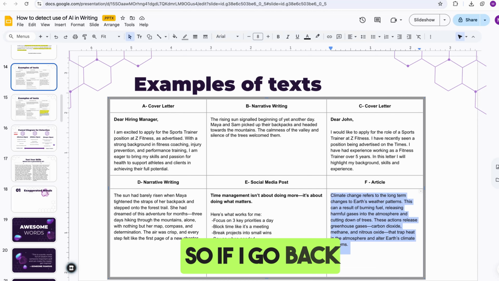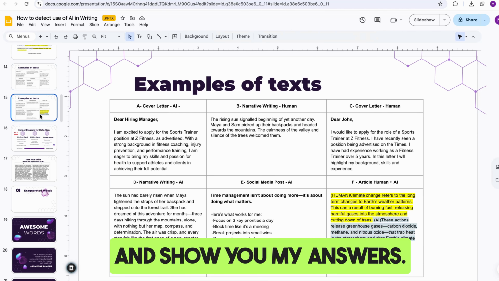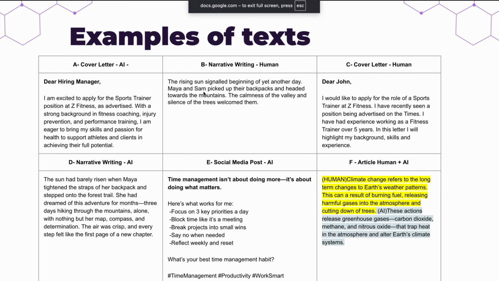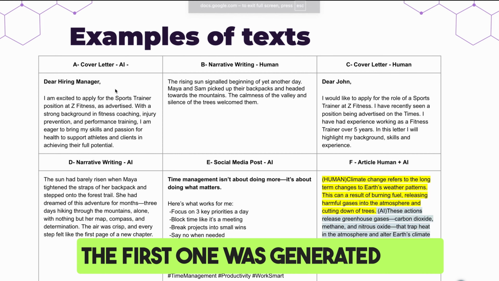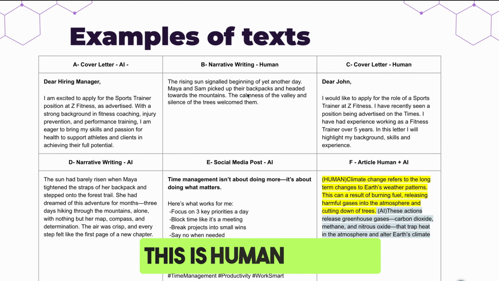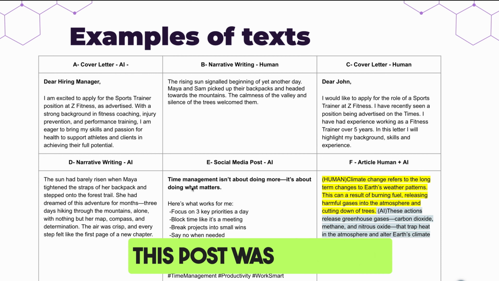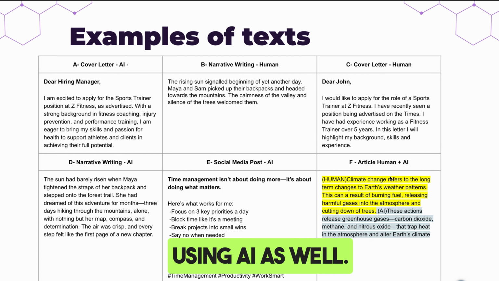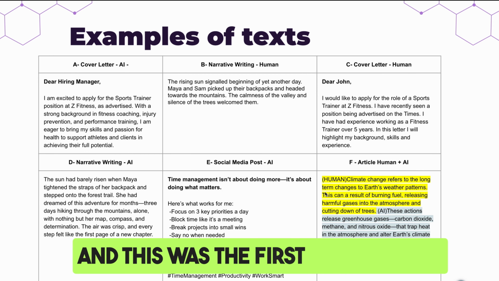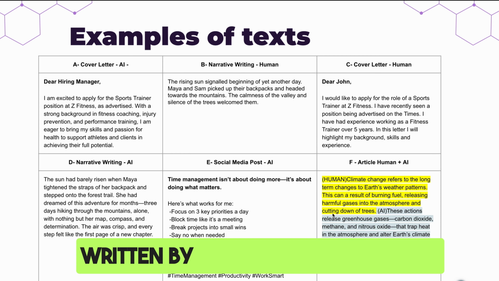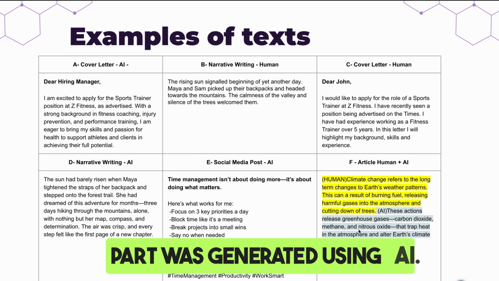So if I go back and show you my answers, this is how it should look. The first one was generated by AI. This is human written. This is human written. This is generated by AI. This post was generated using AI as well. And with this one, the first portion was written by a human, and the second part was generated using AI.